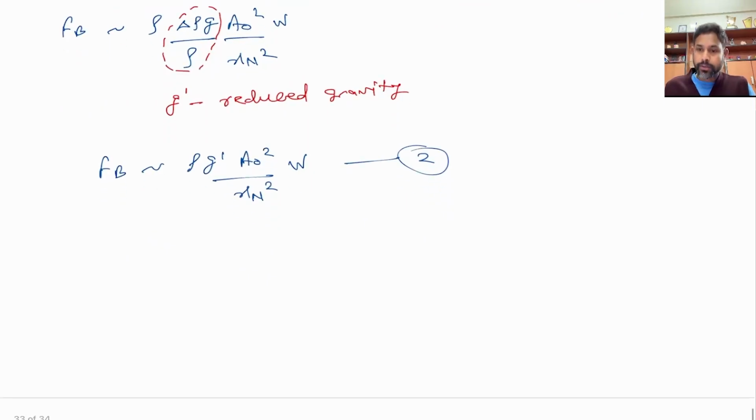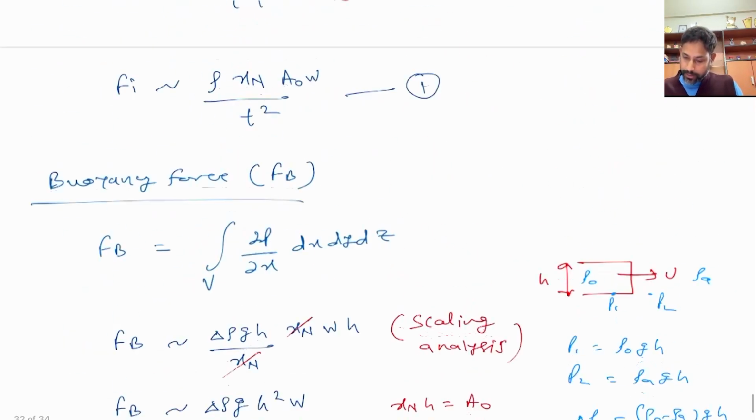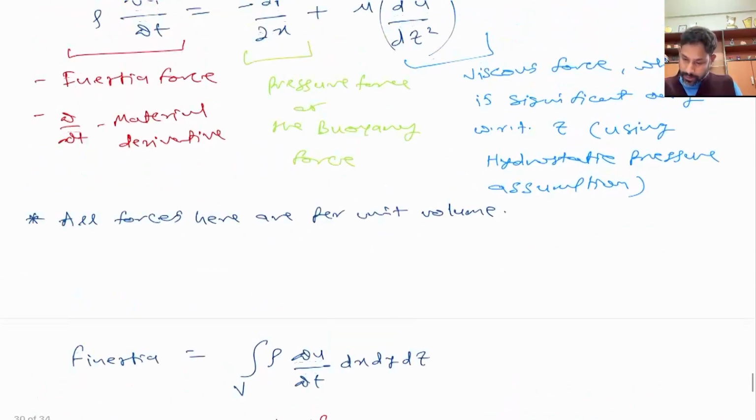And now we can go find the viscous force. Okay, so we have got the buoyancy force, we have got the inertia force, and now we will find the viscous force, and we will write F mu. Now we will repeat the process that we did for the others.